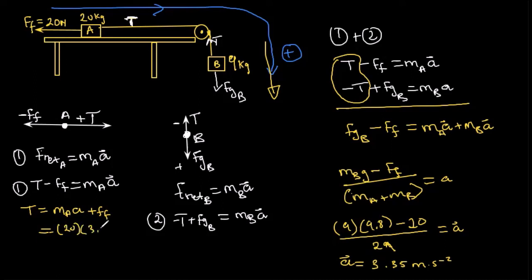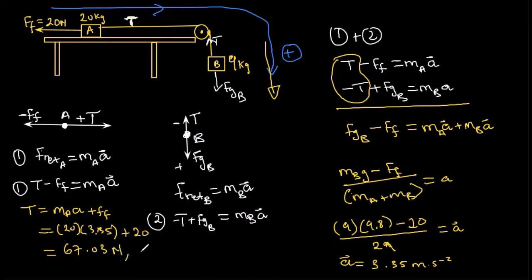acceleration 3.35, and then plus force of friction, which is 20. So you multiply that out, and this should give you something about 67.03 Newton.